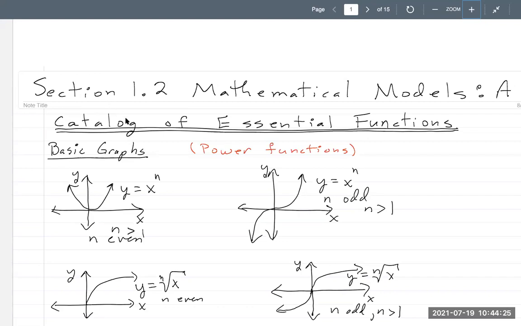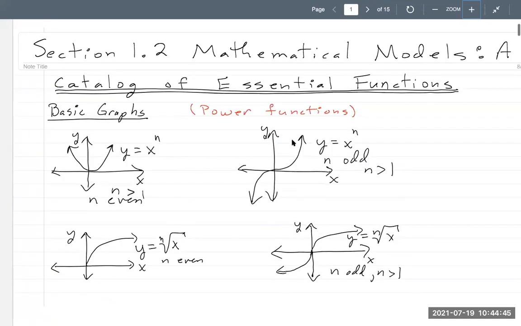And so even though I'll be giving you the techniques to graph functions, you should still know what the graphs of these functions look like.